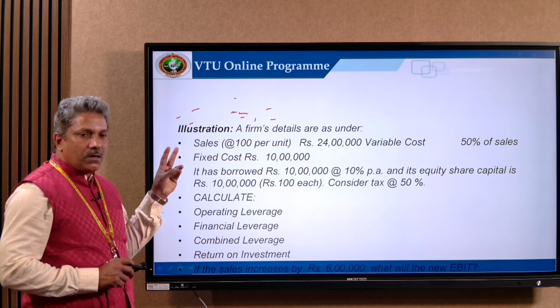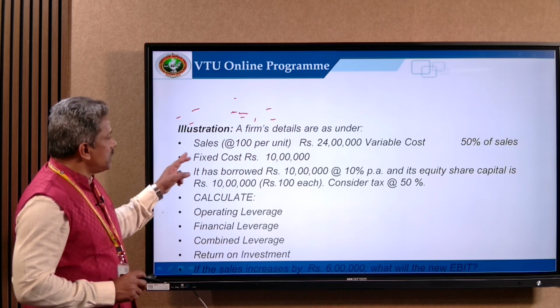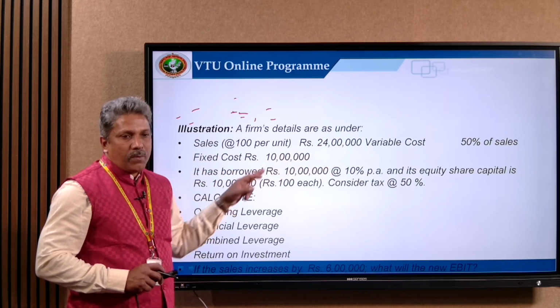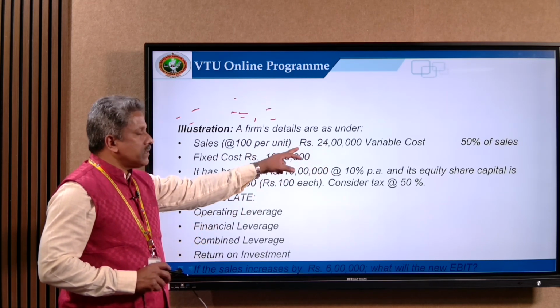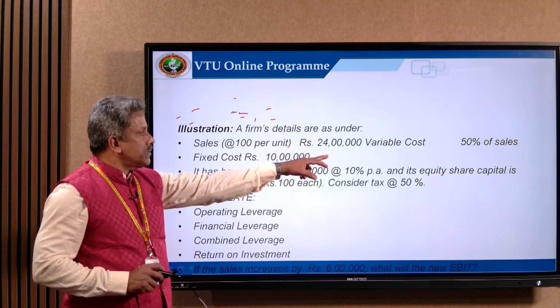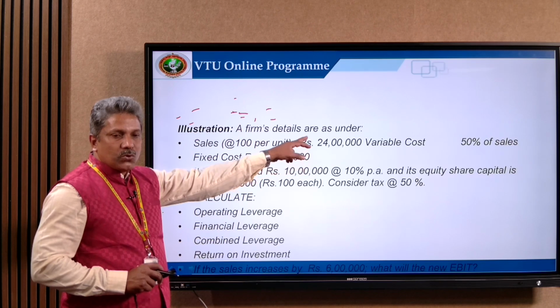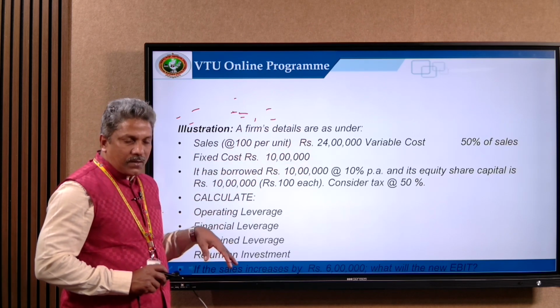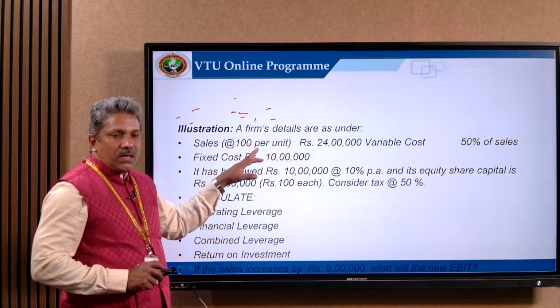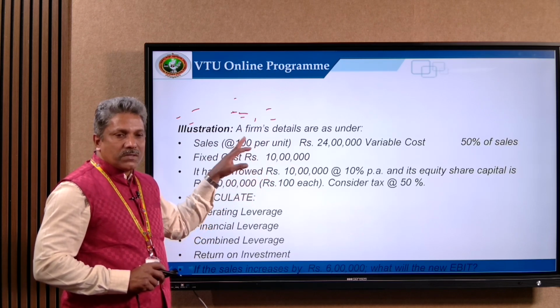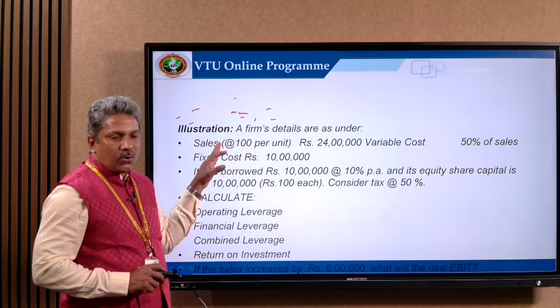Contribution is equal to sales minus variable cost. Sales is 24 lakhs, variable cost is 50% of it, that is 12 lakhs. So, contribution is 12 lakhs. Then EBIT, operating profit, is equal to sales minus total cost.